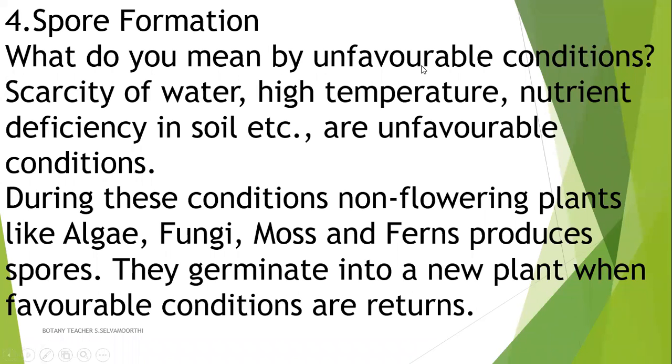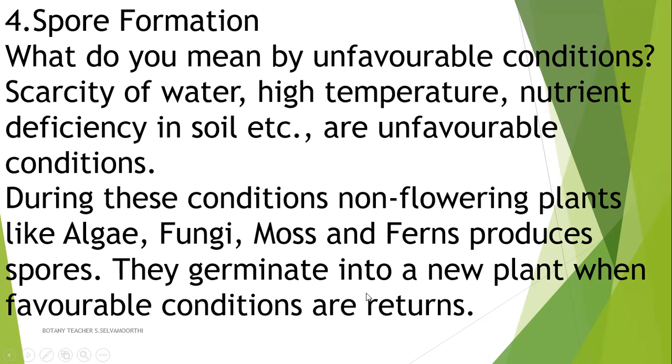Next, spore formation. Plants form spores during unfavorable conditions. What is the meaning of unfavorable conditions? Water scarcity, high temperature, nutrient deficiency in soil. These are the unfavorable conditions. During these conditions, non-flowering plants like algae, fungi, mosses and ferns produce spores.